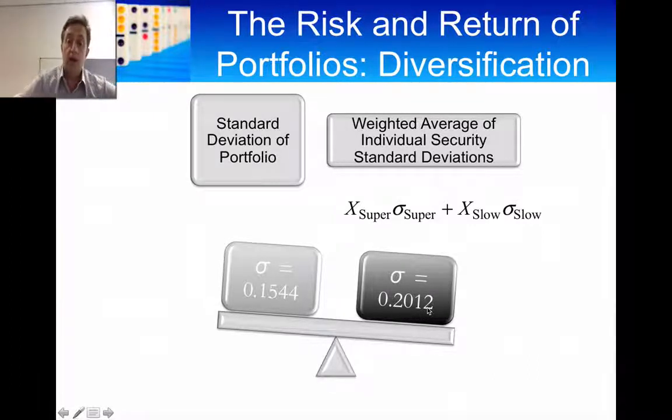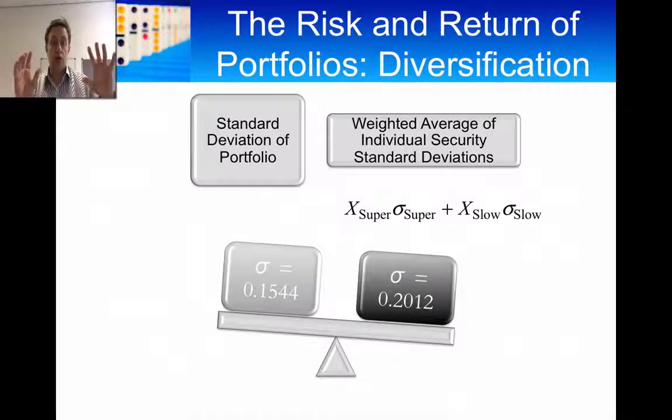0.2012. So the standard deviation of a portfolio is less than the weighted average of the standard deviations, which tells us that we actually have some benefit from creating portfolios. Because if we just had the two assets, the expected return of a portfolio of those two assets is just a weighted average of the expected returns.